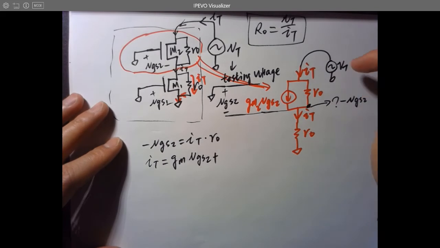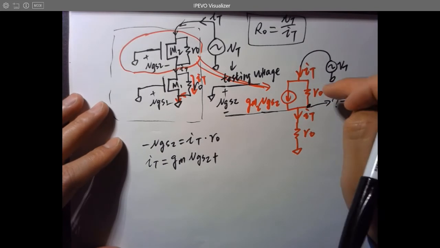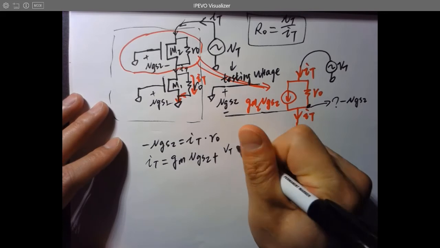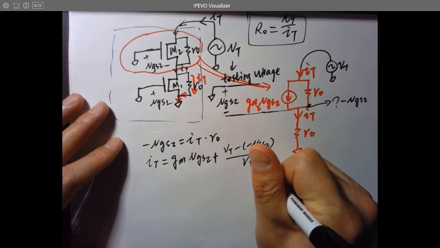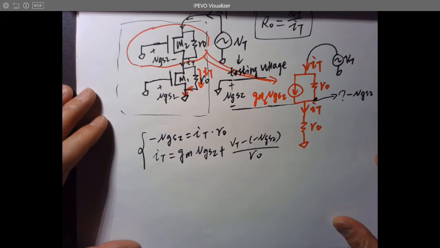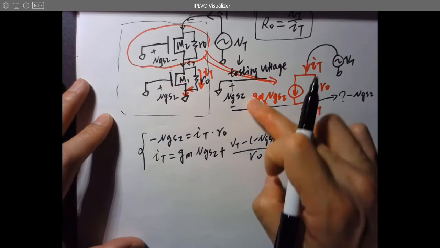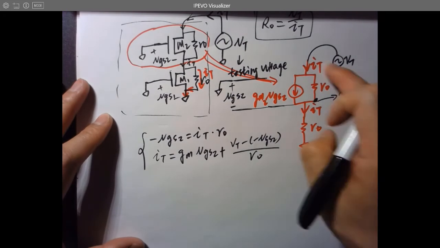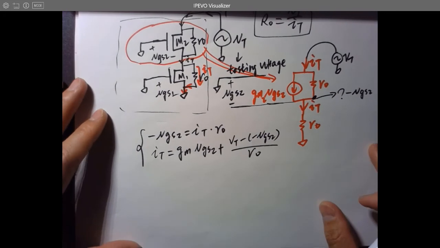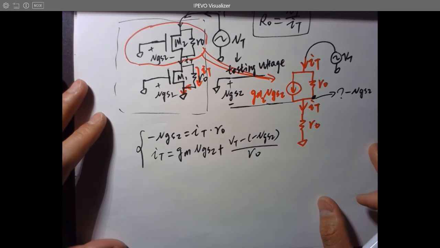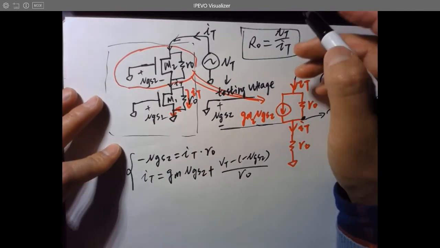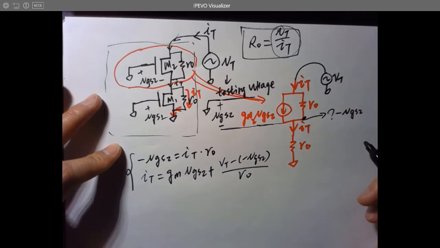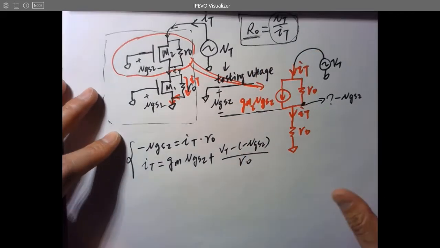So that current is this voltage minus this voltage over RO. VT minus VGS2 over RO. So these are the two equations you can list in this equivalent small signal model. And keep in mind what you want to do. So that's the final purpose, right? Find out VT over IT so you can get RO.